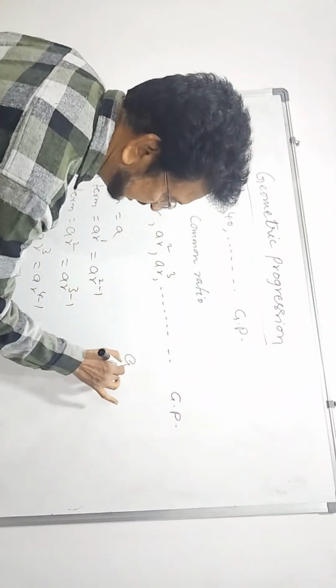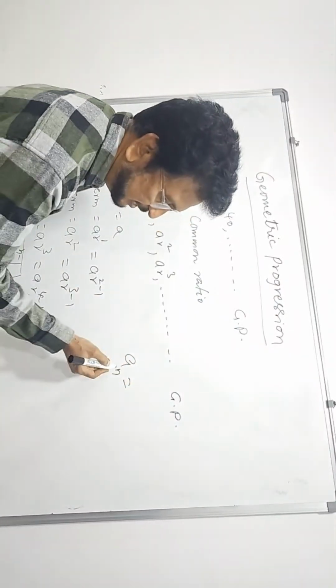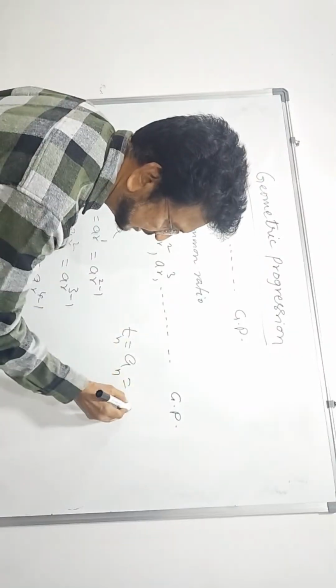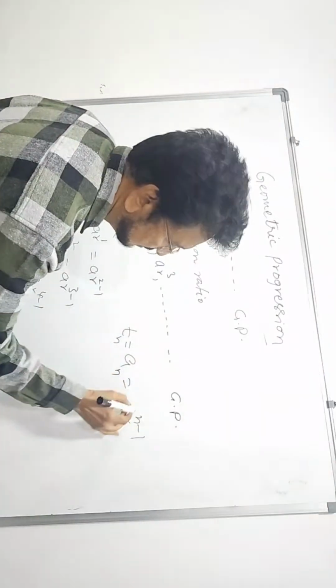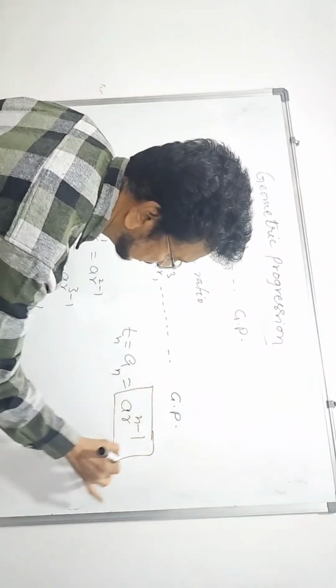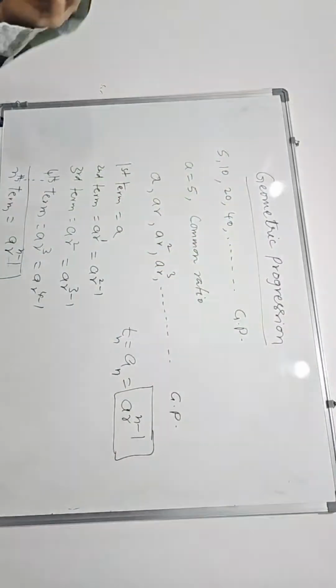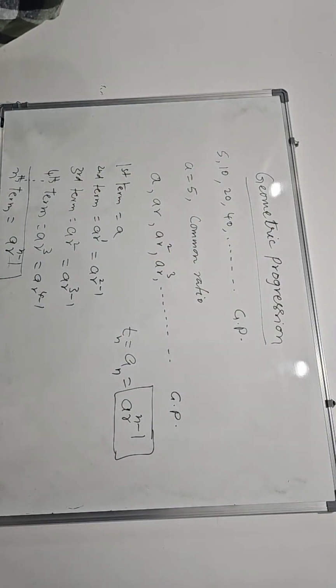The nth term of a geometric progression is written as AN or TN also you can write. AR power n minus 1. This is the formula of the nth term of GP. A into R power n minus 1.